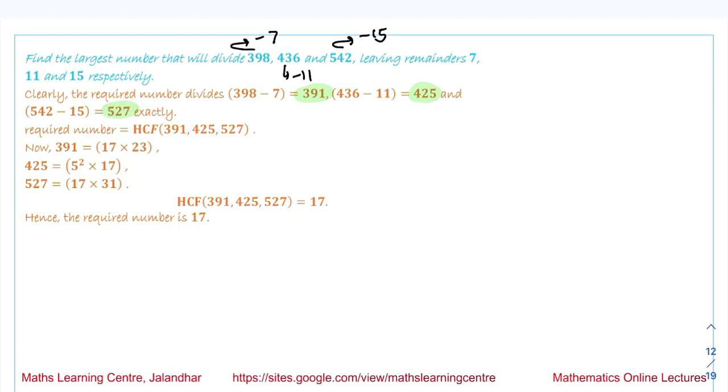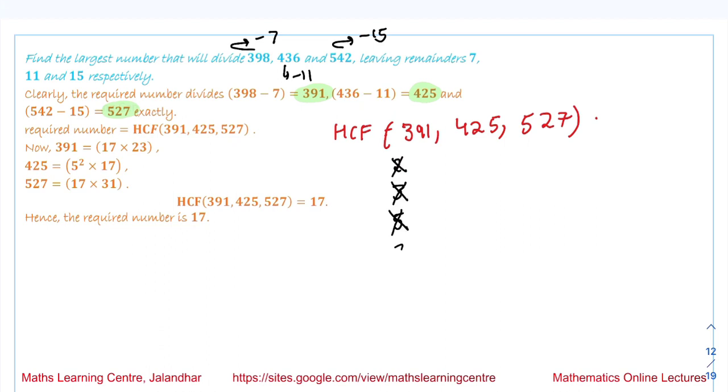So our question becomes that we have to find the HCF of 391, 425 and 527. When we find the prime factors of these numbers, if we try to find the factors of 391, 2 is not a factor, 3 is not a factor, 5 is not a factor, 7 is not a factor, and 11 is not a factor.